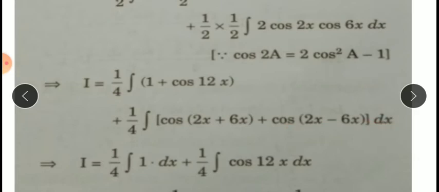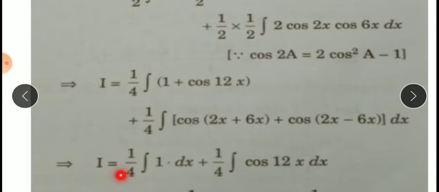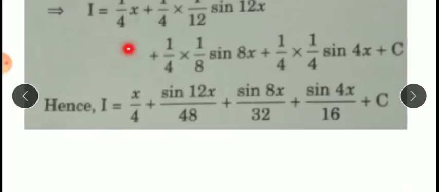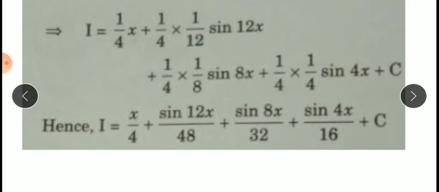Here I is equal to 1 upon 4 integration 1 dx plus 1 upon 4 integration cos 12x. The second term is written as plus 1 upon 4 integration cos 8x plus 1 upon 4 integration cos 4x. Now see, I is equal to integration 1 is x, that is 1 upon 4 x plus 1 upon 4.